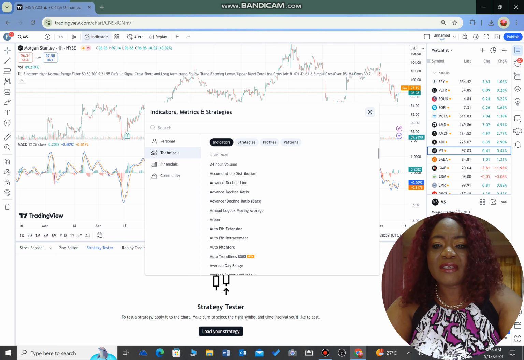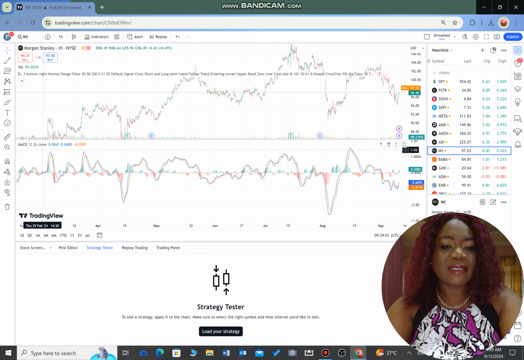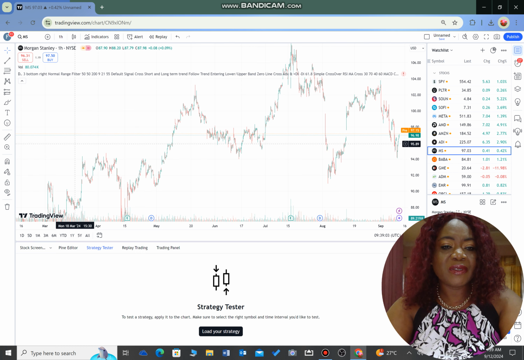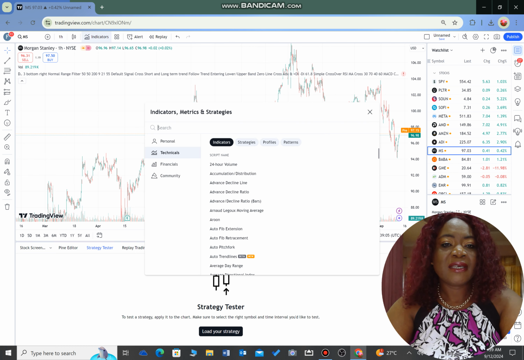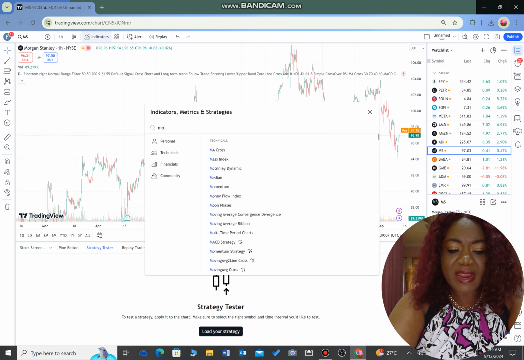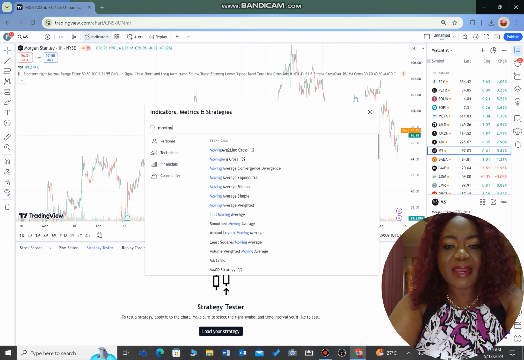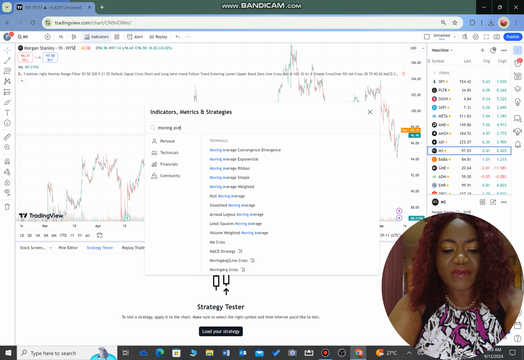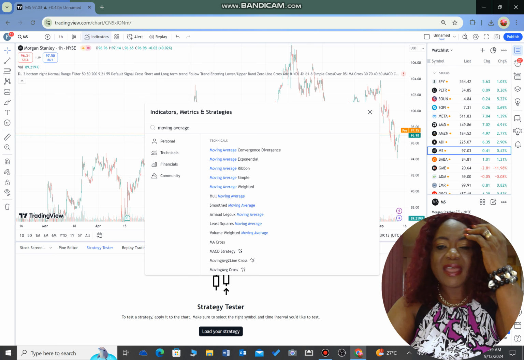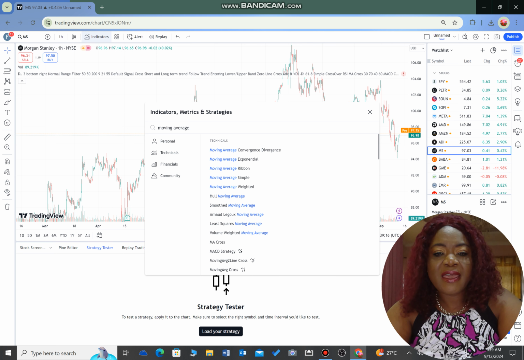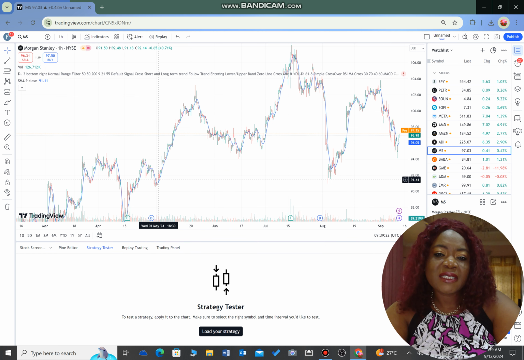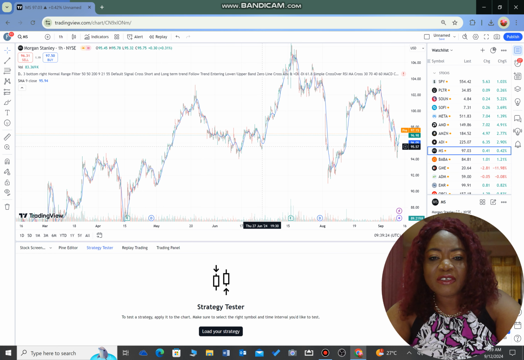Let's apply it and see what happens on our chart. Moving average, this is how we go to look at it. You see simple. If you apply it, it will be there. This is the simple moving average that shows us an average price over a period of time.